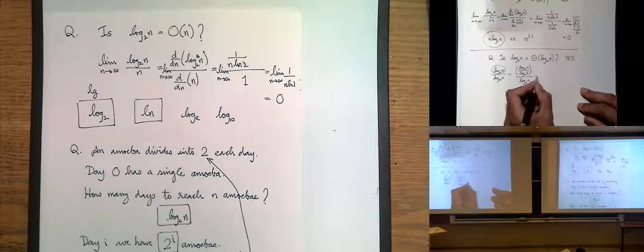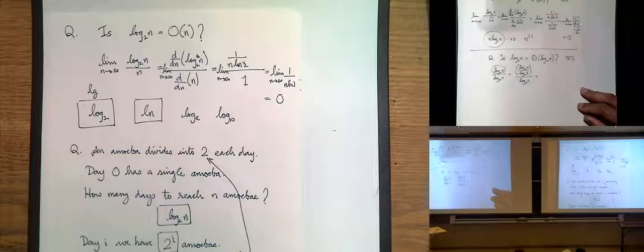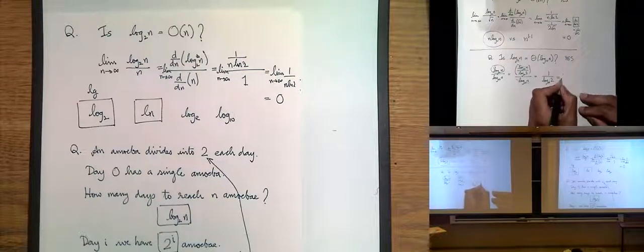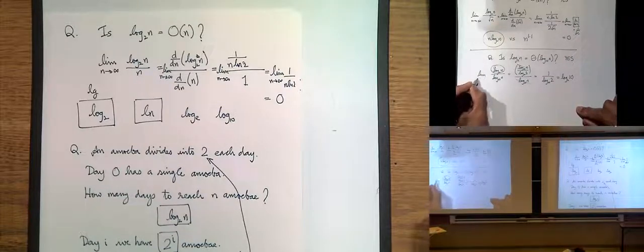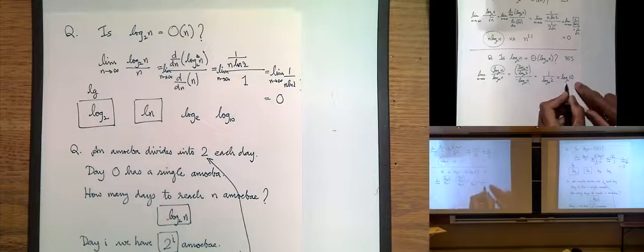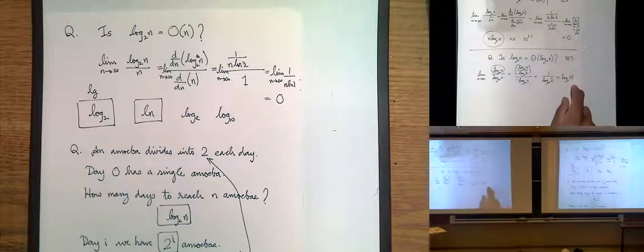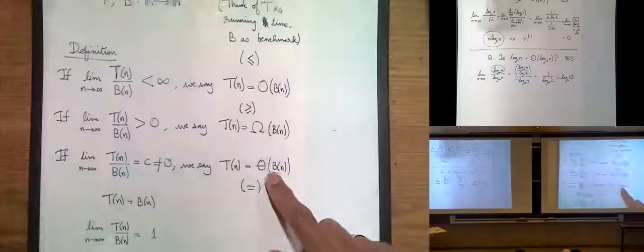Right? So these things will cancel out. I get 1 divided by log base 10 of 2, which is the same as log base 2 of 10. It doesn't matter. In any case, even if I take the limit, it is a constant. Right? And because the limit is a constant, it's theta.